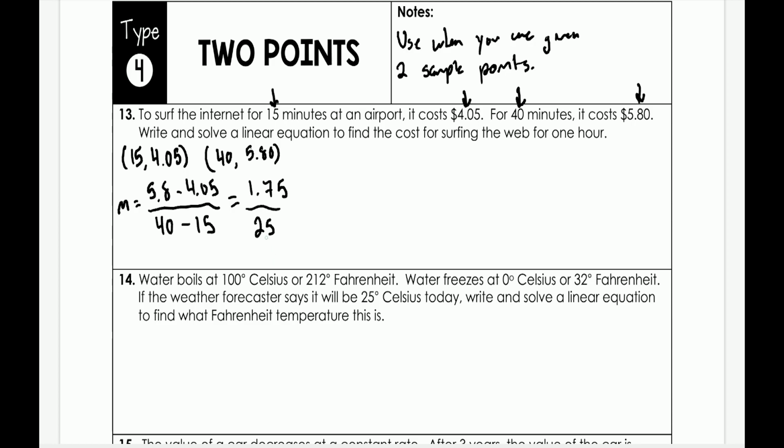And then if we do this division, the 1.75 divided by 25, that is the same thing as 0.07. So in other words, they're paying around 7 cents per minute.